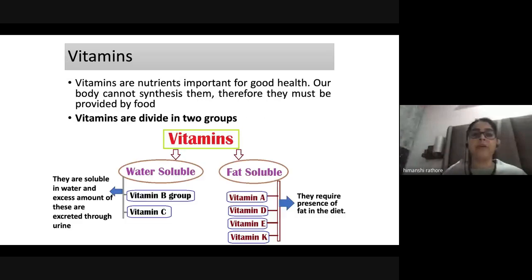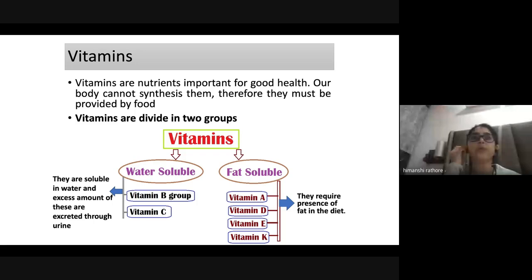Vitamins are divided in two groups. As I told you yesterday also, there are water soluble vitamins and there are fat soluble vitamins.